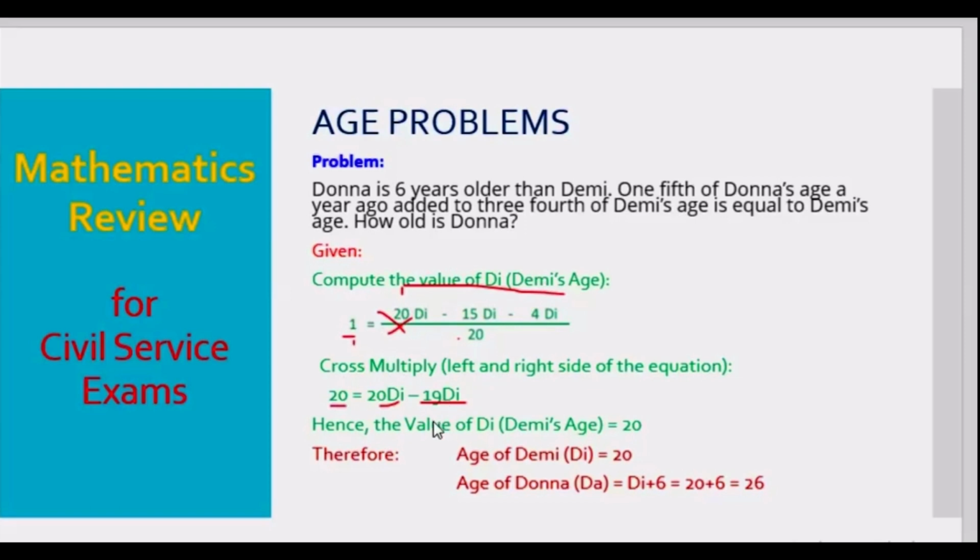So it comes out that D, which is the age of Demi, equals 20. So the age of Donna, which is D plus 6, equals 26. So that's the final answer.